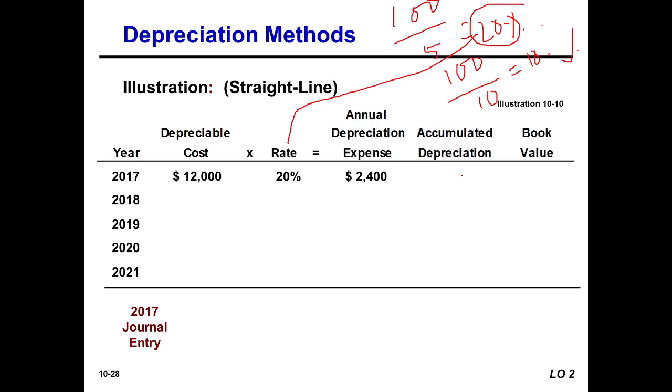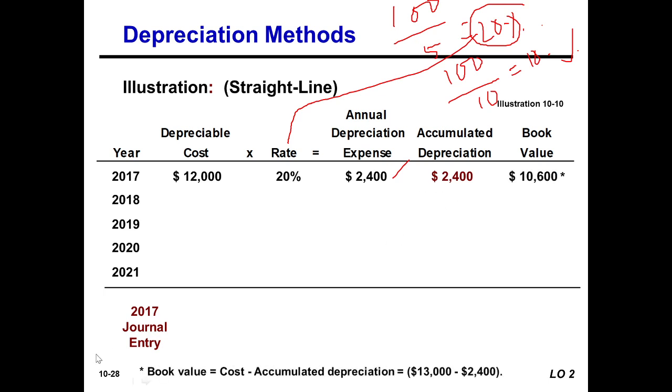Annual depreciation expense is 2,400, accumulated depreciation is the same figure, and finally we get our book value. How could we get this book value? Book value equals cost minus accumulated depreciation. The cost is 13,000 according to the question, and 2,400 is the first year depreciation. Then we get this figure.